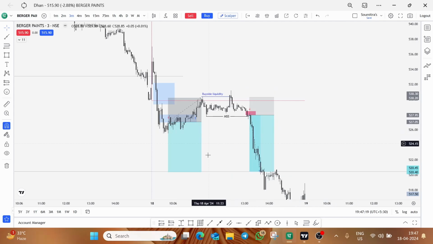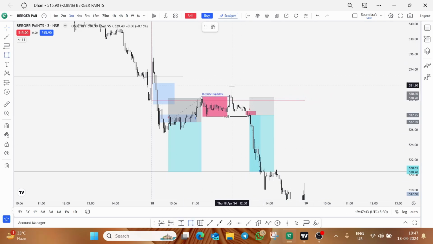So this was another example of a power of 3 setup. So this is our accumulation stage, accumulation up. Then this is the manipulation.